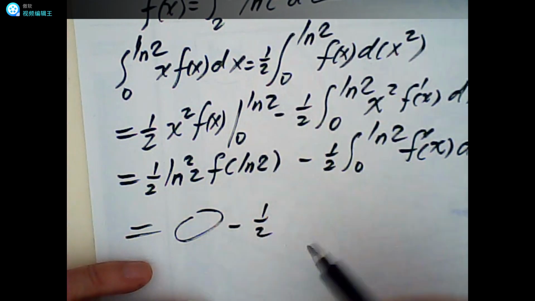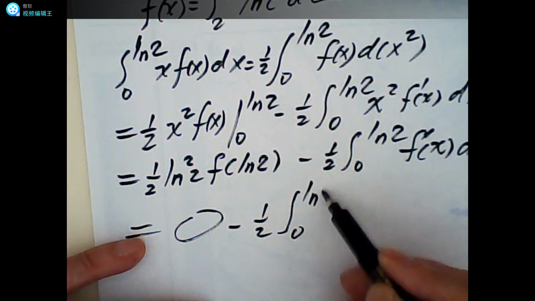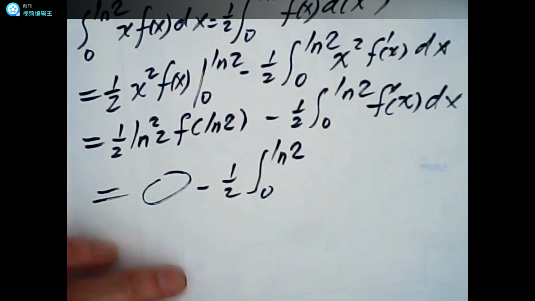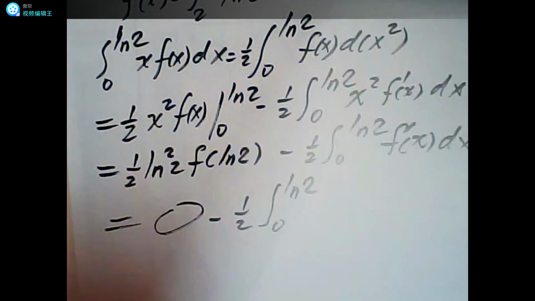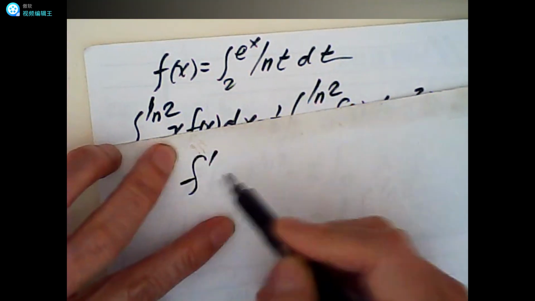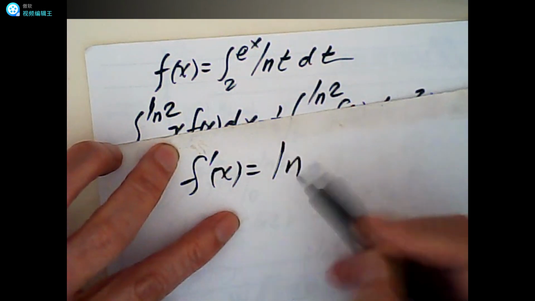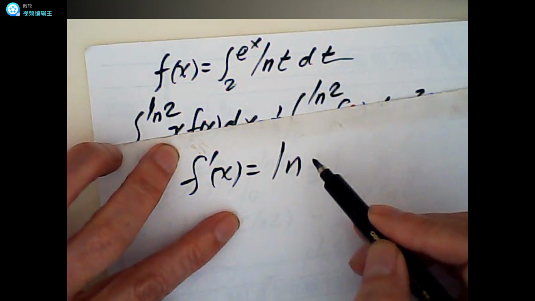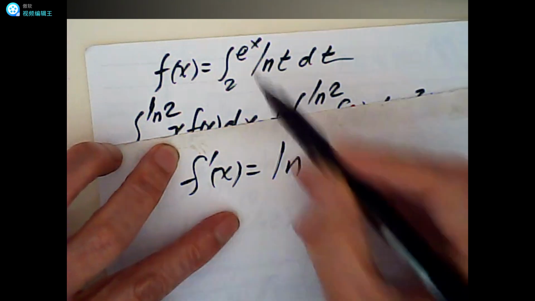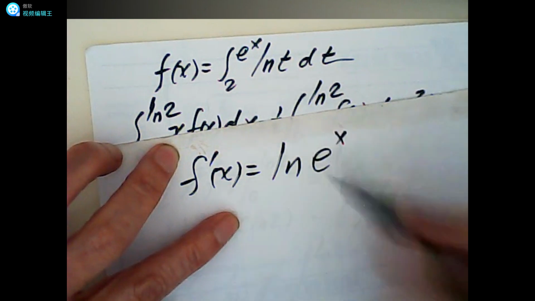Minus integral from 0 to log 2. Now, what is f prime? This is f, right? Therefore, f prime of x is equal to log of this, right? Log this.